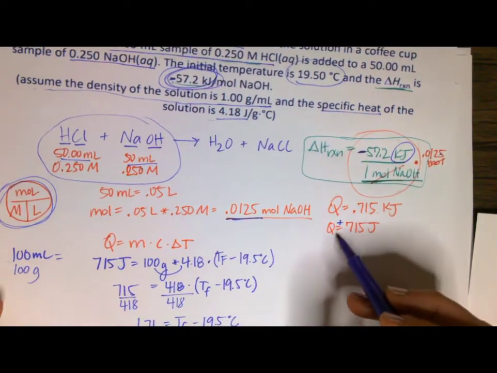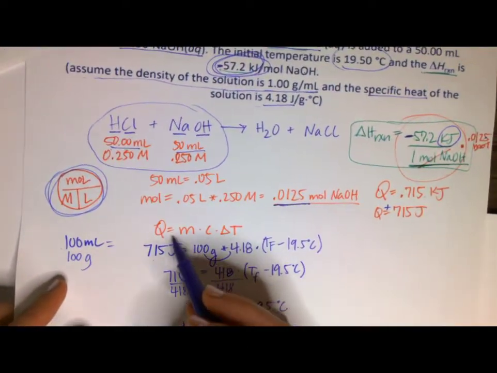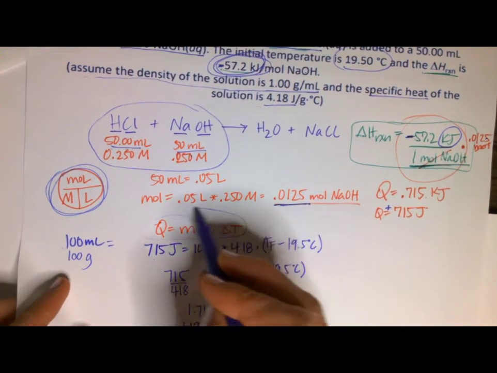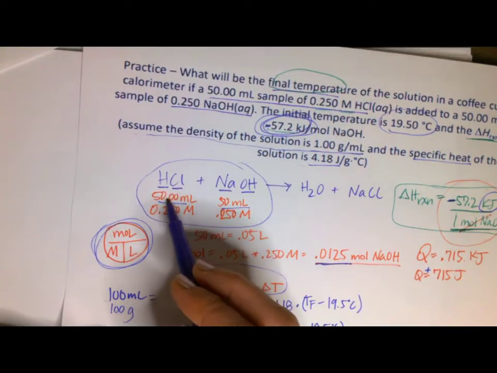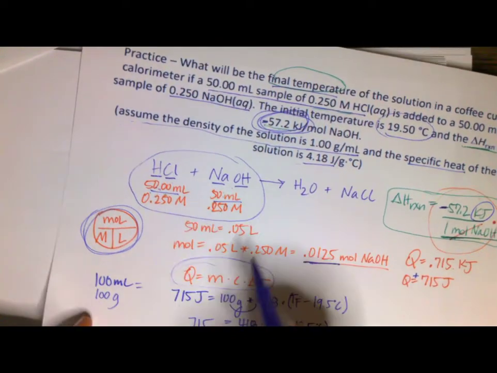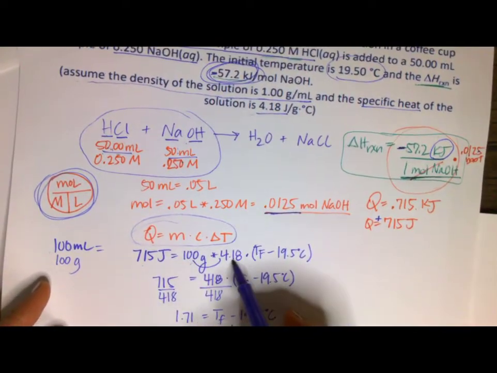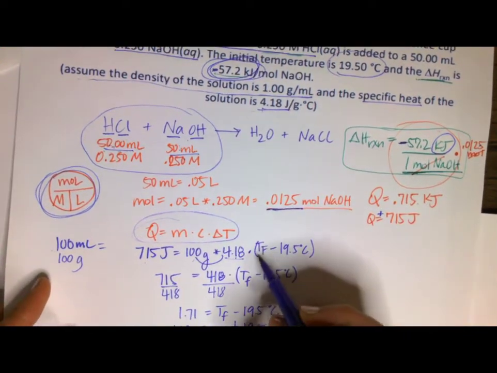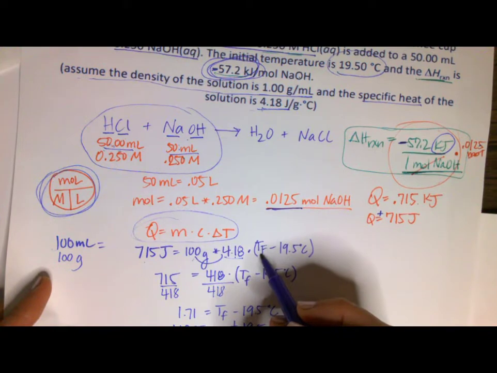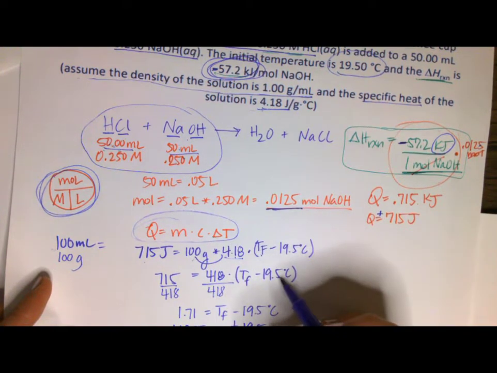We then took that Q and plugged it into our Q equals m times C times delta T. The mass, we added up our 2 reactants, 50 and 50, to get 100 grams. We used the specific heat given to us, and we did delta T for TF minus TI. We knew the initial temperature.